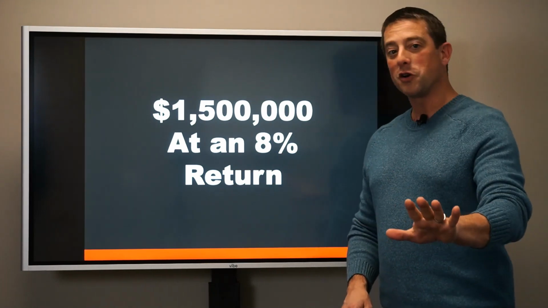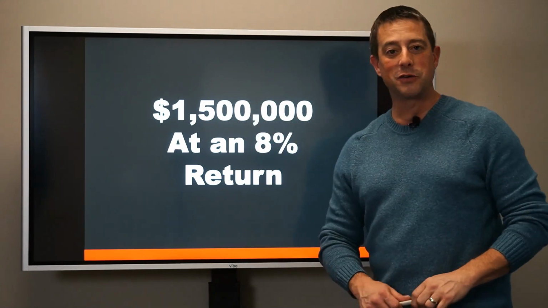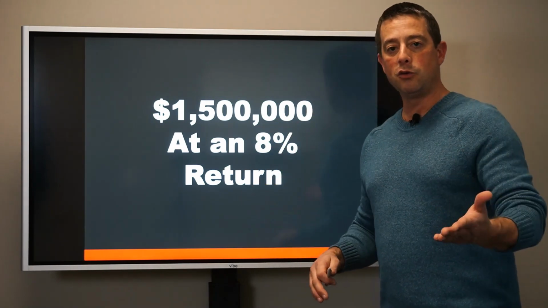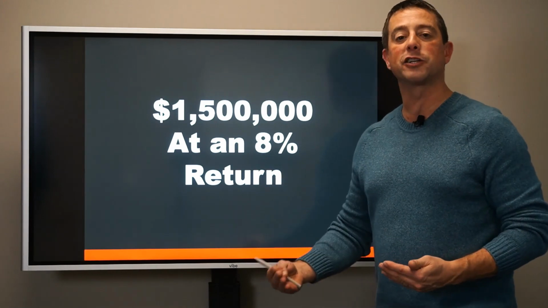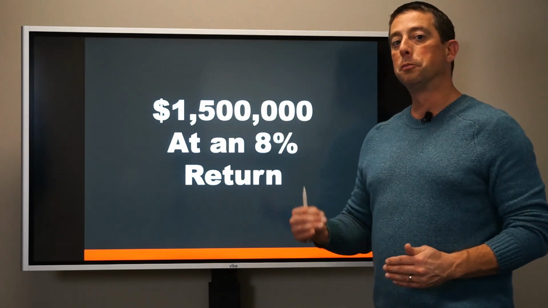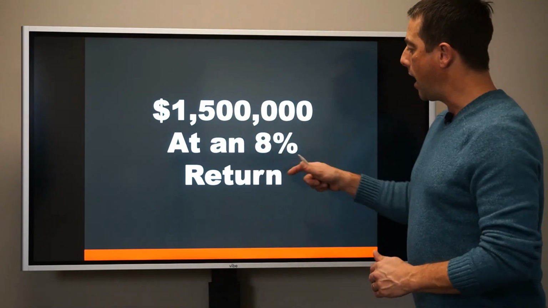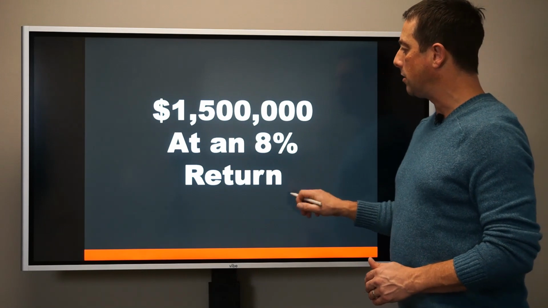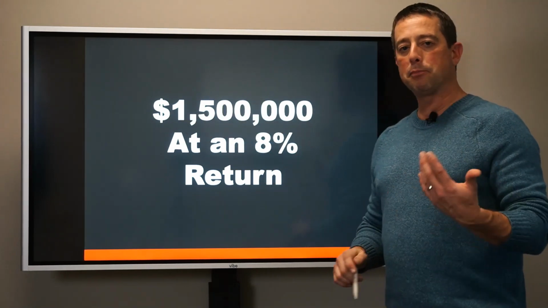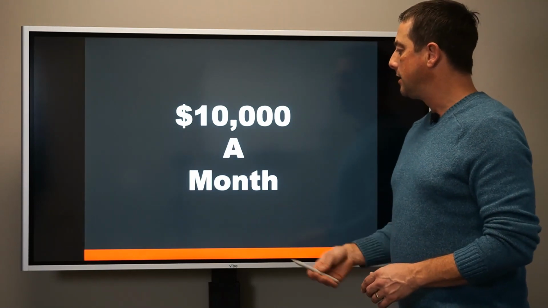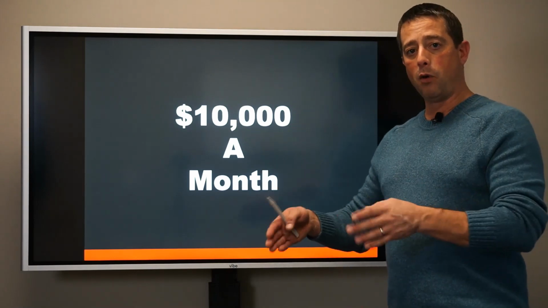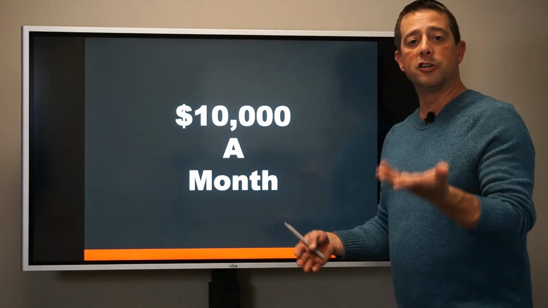If you don't currently have $1.5 million to invest, then this is simply an example to show you how cash flow is actually created, and that's a very important concept. It takes equity to produce cash flow. Now, why I'm showing you these numbers is because if you have $1.5 million and it is producing an 8% cash on cash return, then that is $10,000 a month, because 8% of 1.5 million is 120,000.